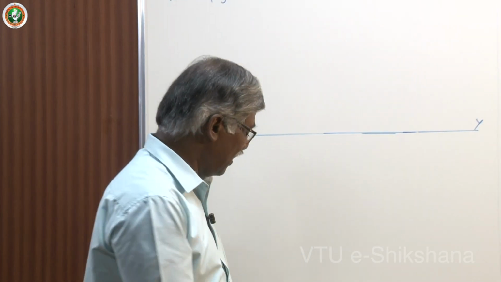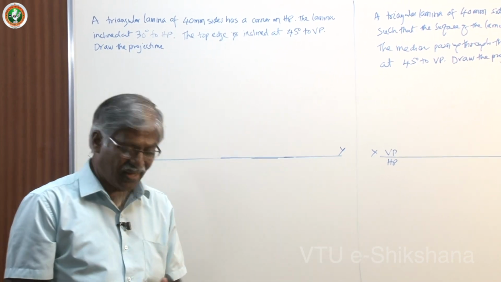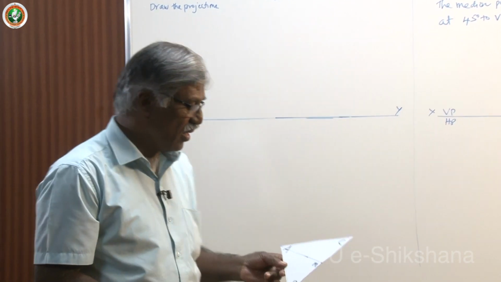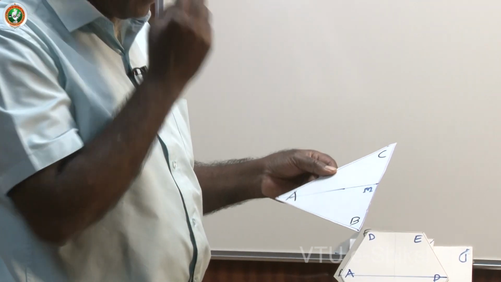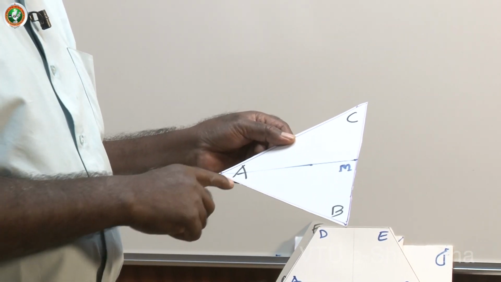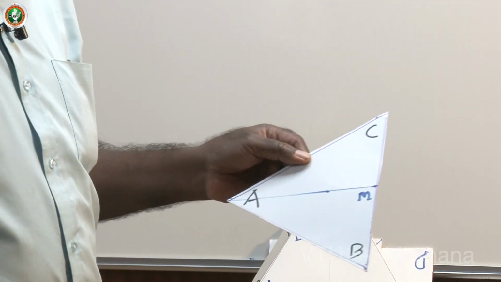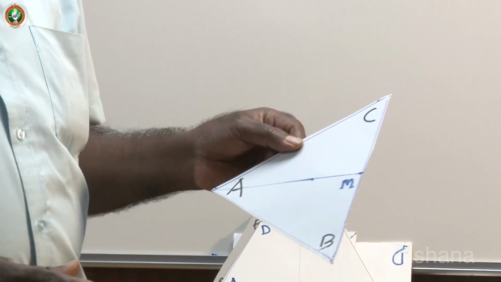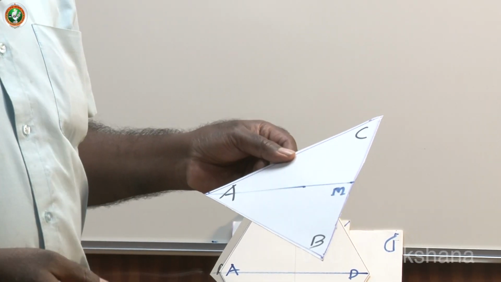Now let us take the laminae one by one and discuss. This is a triangular lamina. I have a corner and these are sides, and this is the median. Normally this is one of the factors to be considered in engineering graphics. For any inclination they may give this, not necessarily the edge.